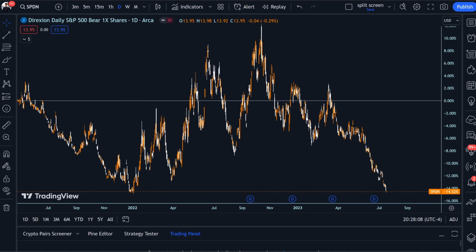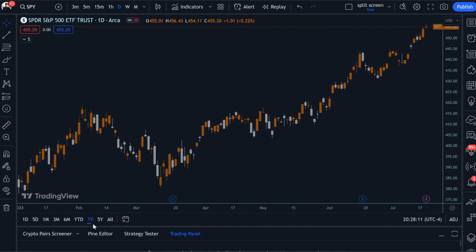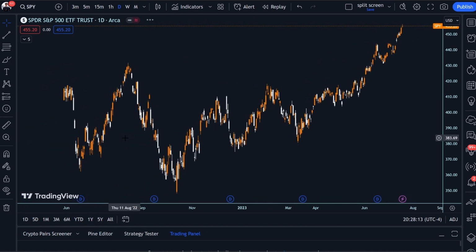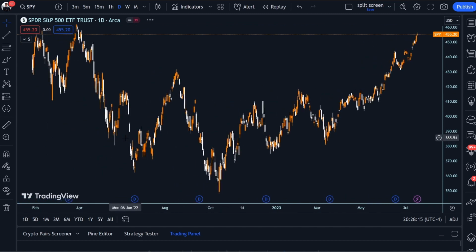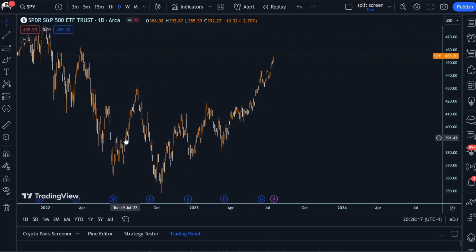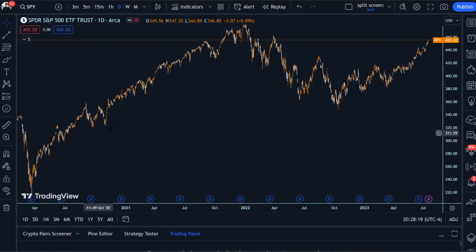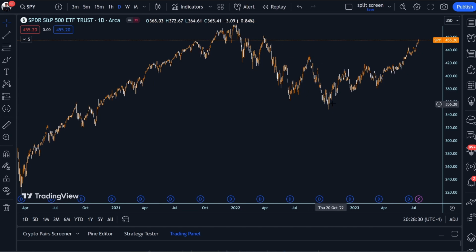And first, let's take a look over the past, say, year or a little more than a year. Here's the S&P 500 or the SPY. So we had the run up until about December 21st. And then we entered a bear market all the way till about October 2022.